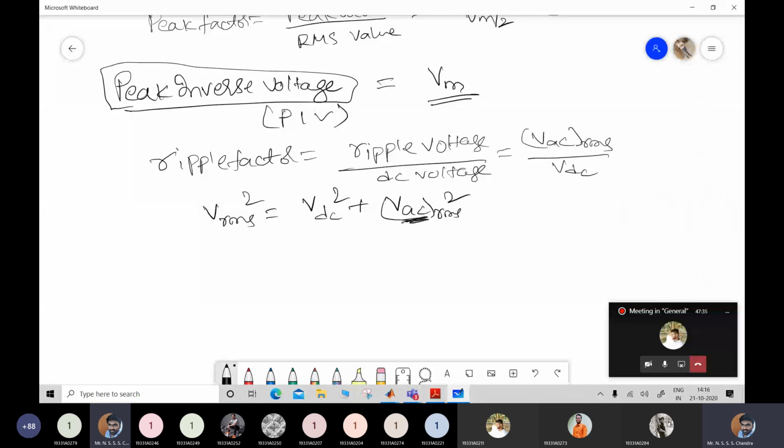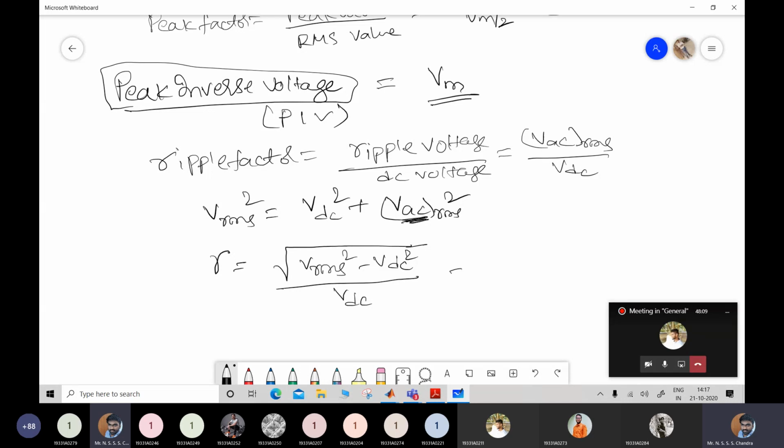Ripple factor is given by a small term called rho. Rho, the ripple factor, is equal to V AC RMS by V DC. So V AC RMS is equal to the square root of V RMS square minus V DC square, divided by V DC.